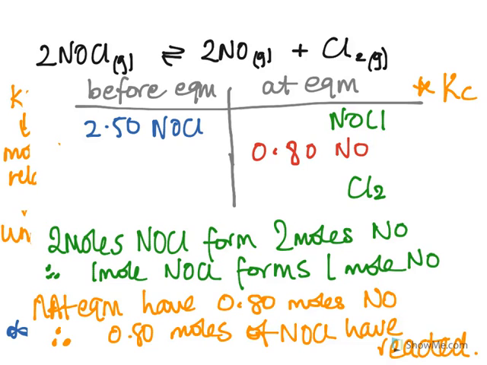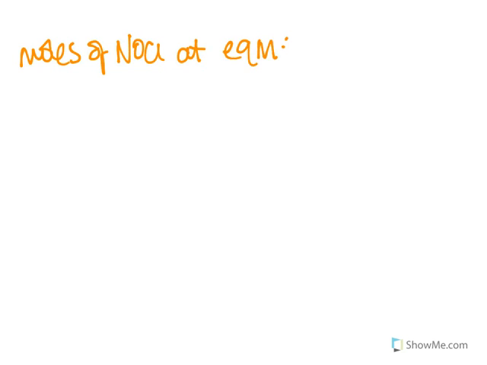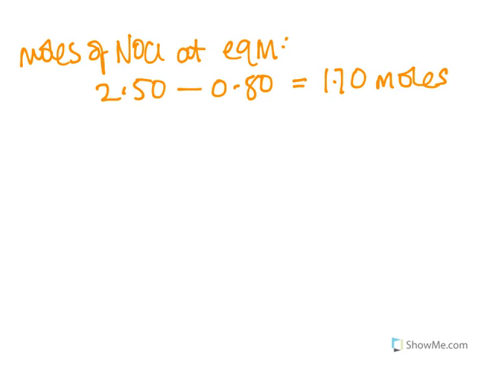So that 0.8 moles of NO has been formed from 0.8 moles of NaCl. And this allows us to work out how many moles of NaCl we have at equilibrium. Because if we started with 2.5 and we know that 0.8 of them have reacted, it's simple subtraction to tell us that 1.70 moles of NaCl are left unreacted at equilibrium.